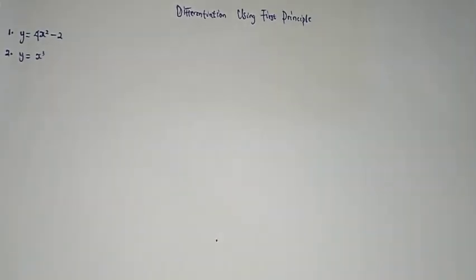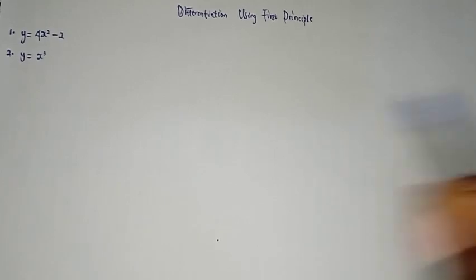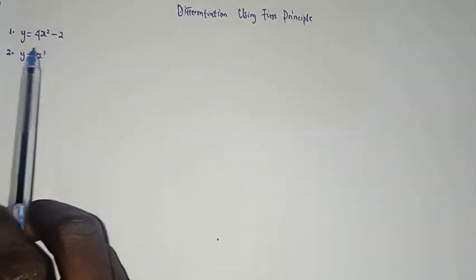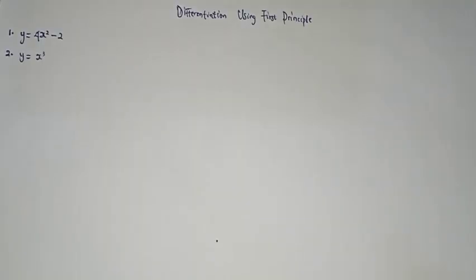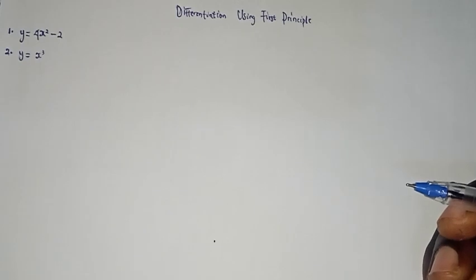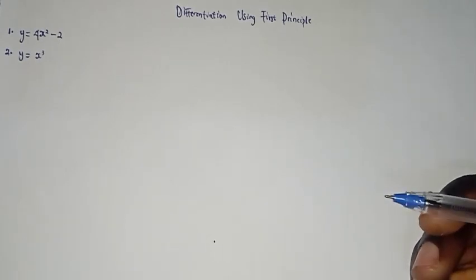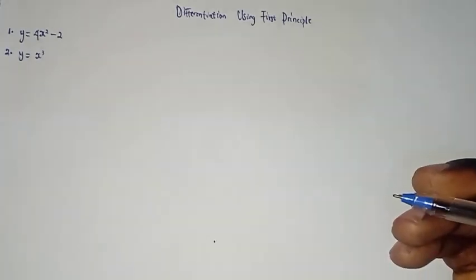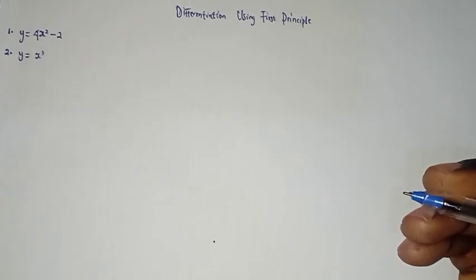In this video, I'll be solving these questions using first principle. From our previous video, we looked at how the formula for first principle was derived, and then we took note of the fact that in the process of deriving the first principle formula, we actually got or solved for two things.